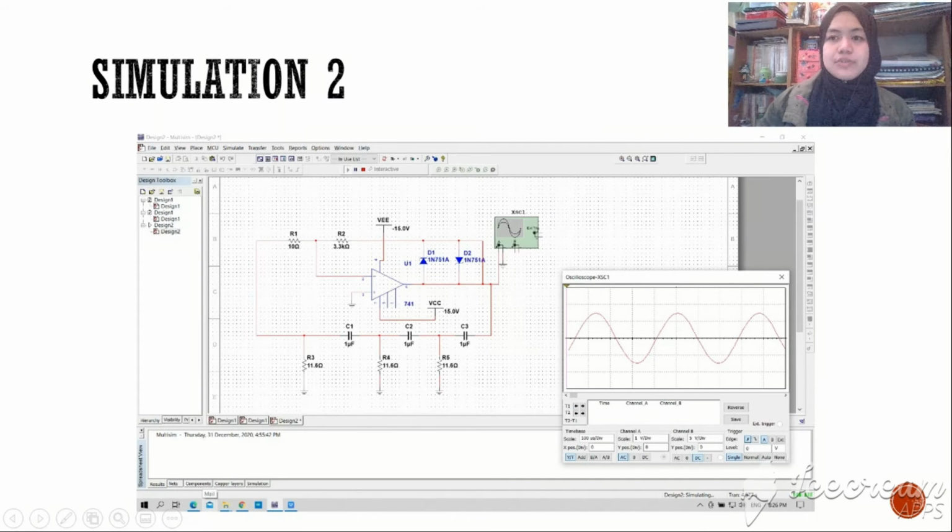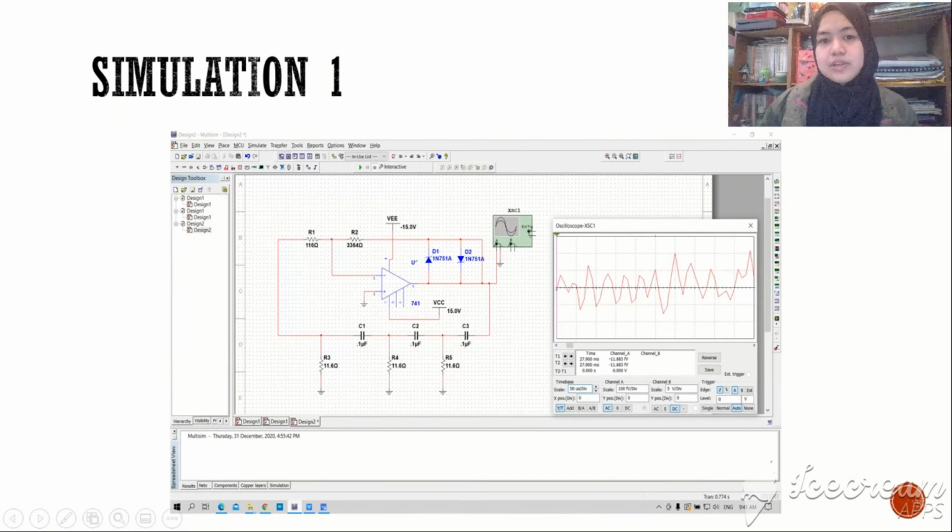The reason is that the 741 itself is not compatible with the circuit, as it can generate a low frequency that is less than 1 kilohertz. A smoother waveform is more compatible with the lower frequency. So by changing the values of the components, we can generate a much smoother waveform.